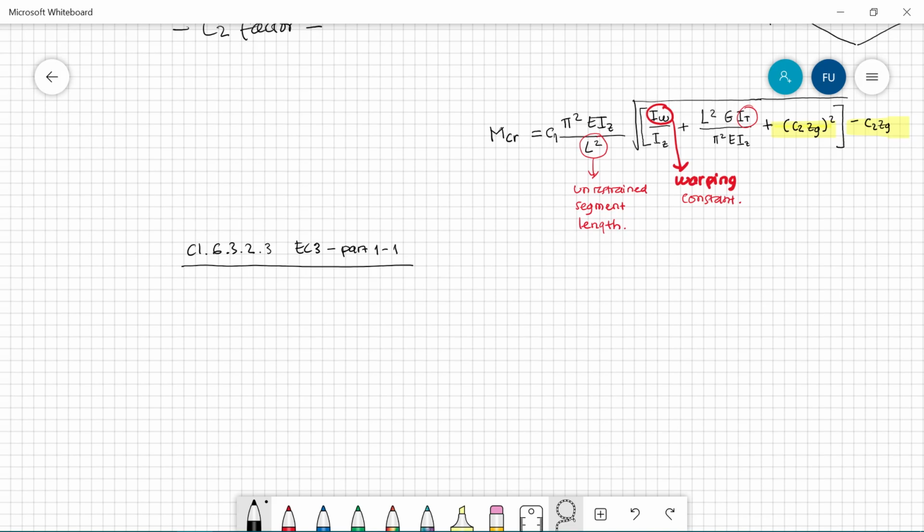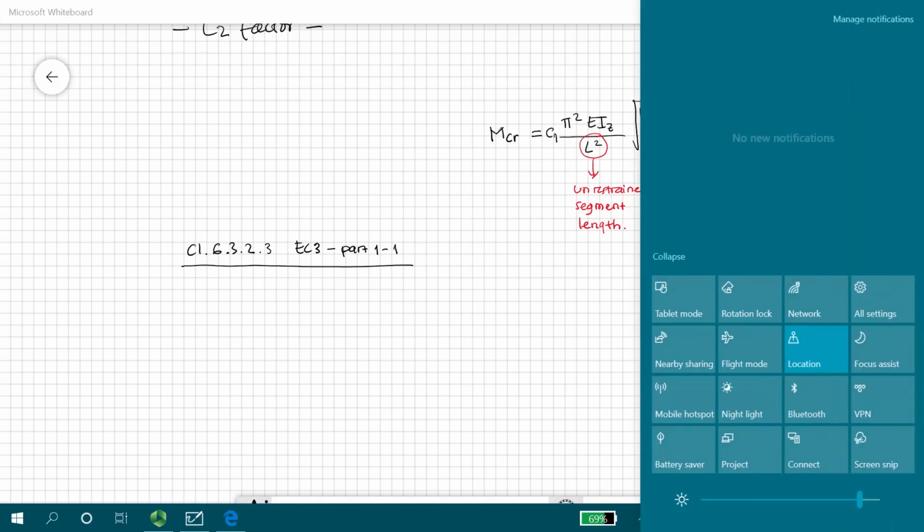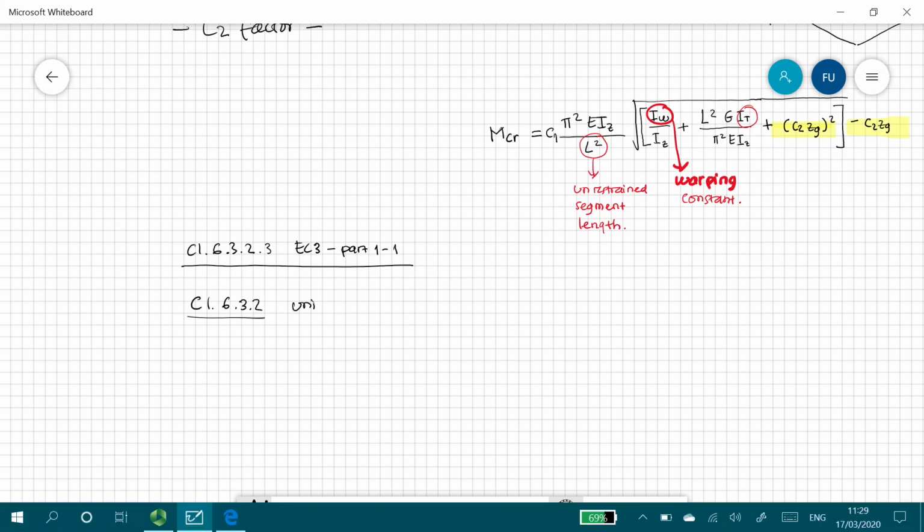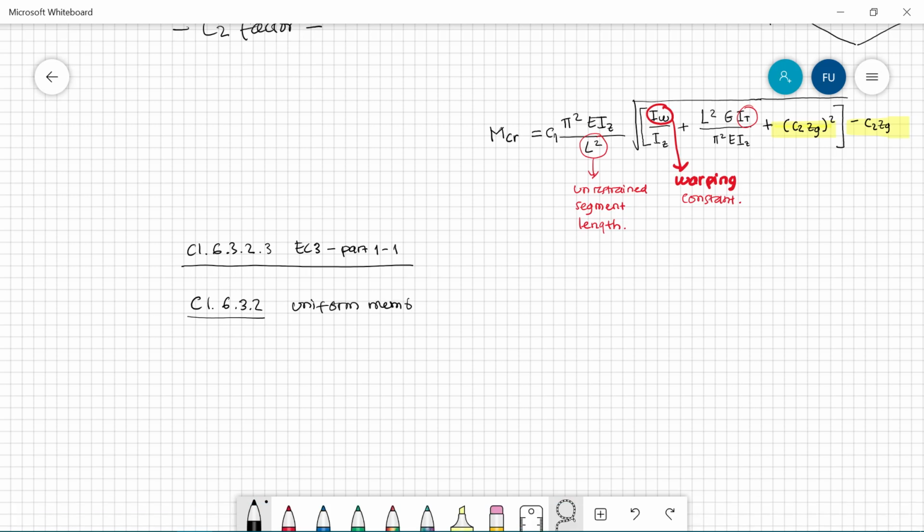So basically you can find the design resistance to bending and axial compression, or buckling design resistance, in clause 6.3.2, uniform member in bending.